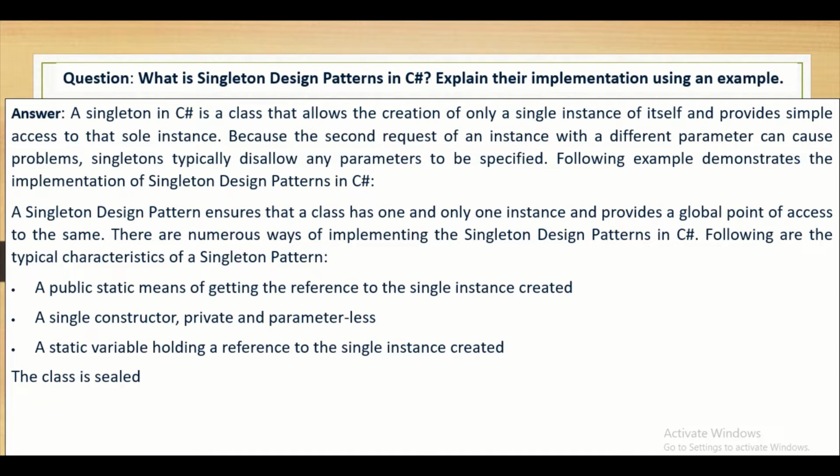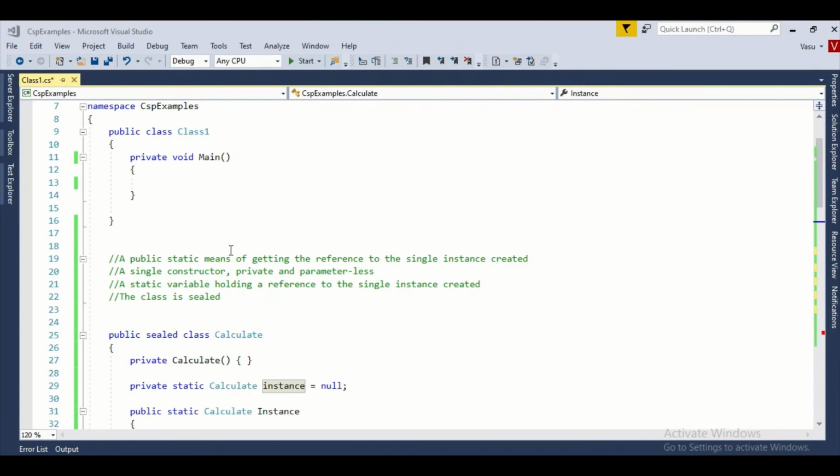Now I will demonstrate the implementation of singleton design pattern in a C Sharp program. So I have created a class with these characteristics for singleton design pattern. As mentioned, it should be sealed.